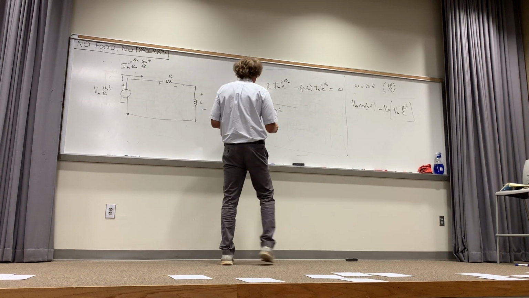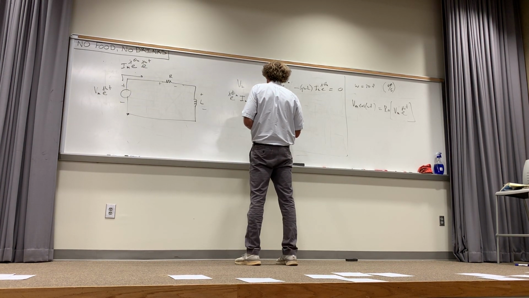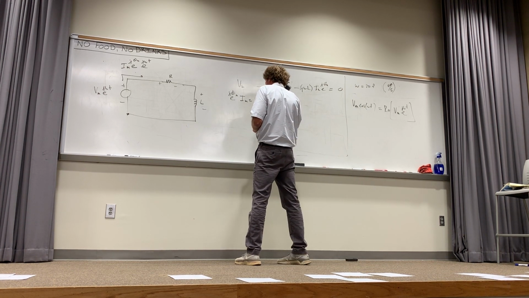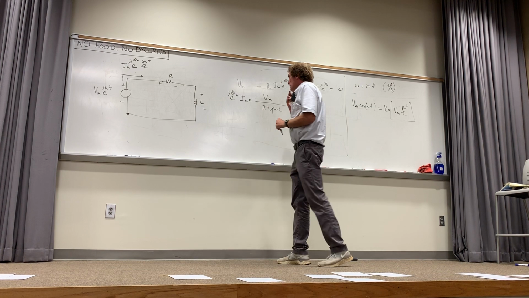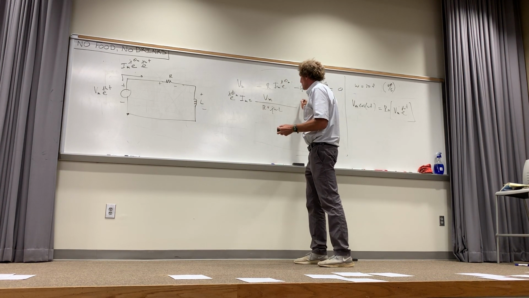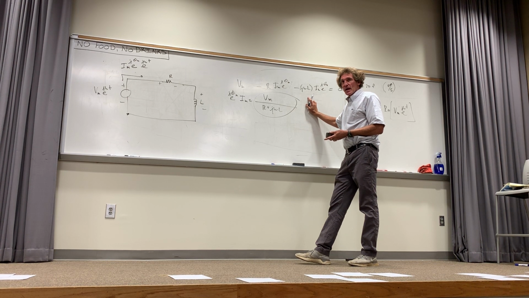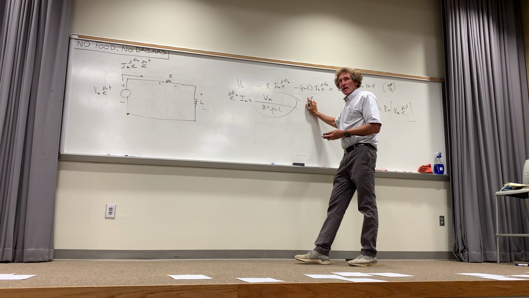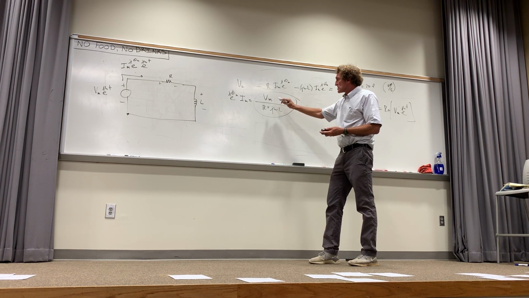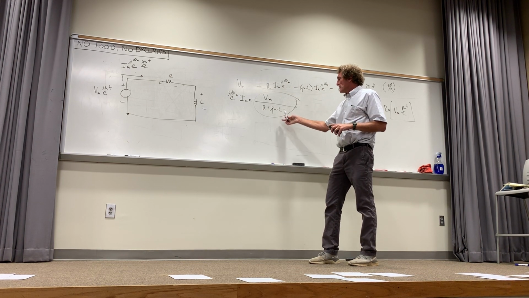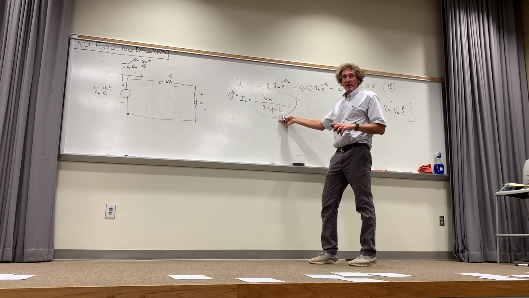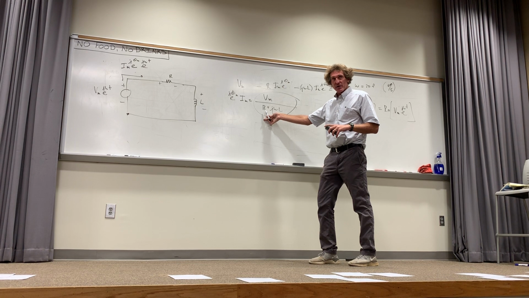But here's the better part. When I look at this right here, I want you to notice something. This right here is a complex number, right? It has a magnitude and it has a phase, doesn't it? Just look at this. If Vm is strictly real, that j omega L is imaginary and that's real, we have a complex number.